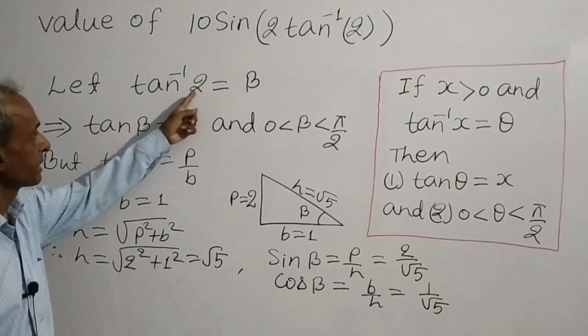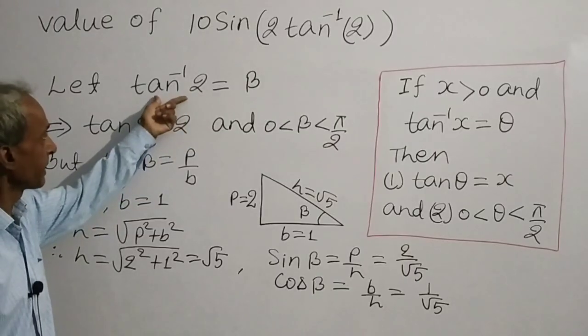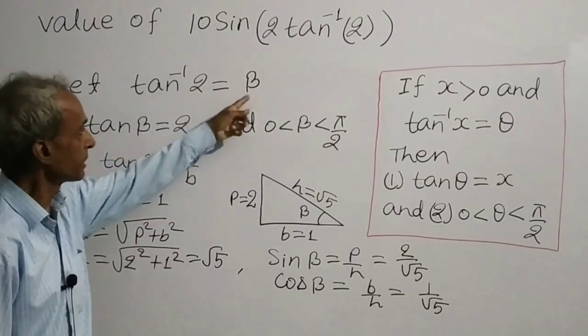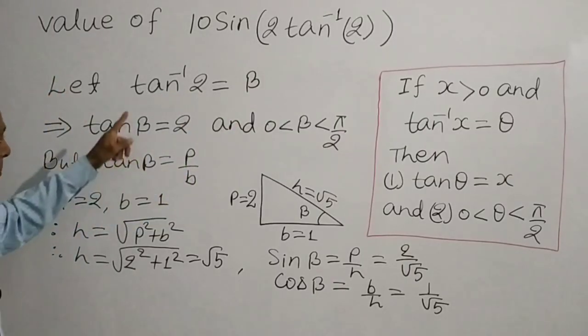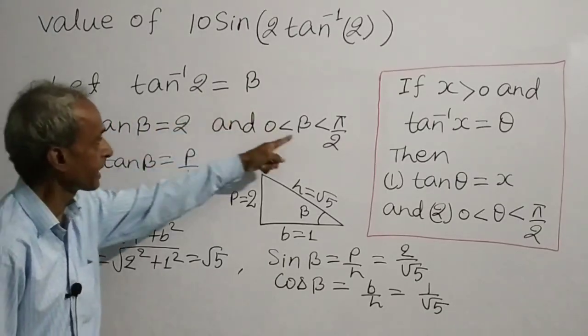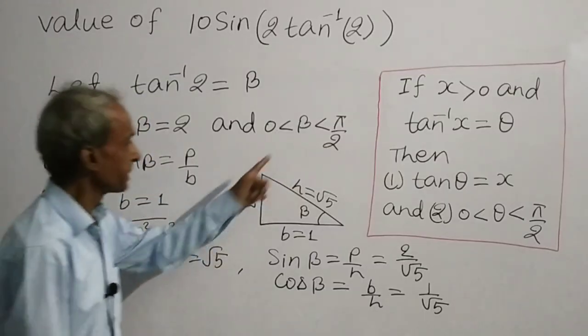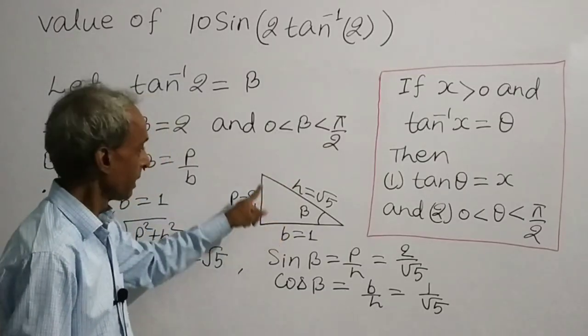Here the number 2 is positive, and tan inverse 2 is equal to beta. Therefore tan beta will be equal to 2, and beta will lie in the first quadrant. That means beta will be an acute angle.